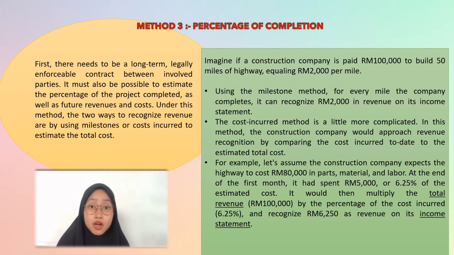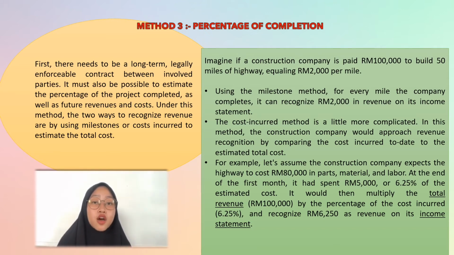The cost incurred method is a little more complicated because in this method, the construction company will approach revenue recognition by comparing the cost incurred to date to the total cost. For example, let's assume the construction company expects the highway to cost 80,000 in parts, material and labor.